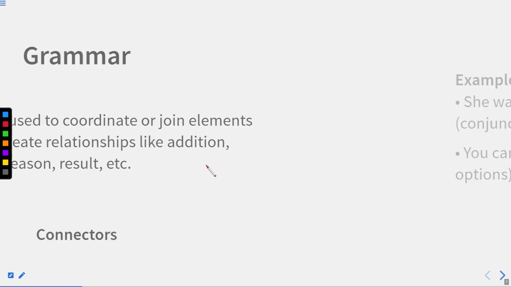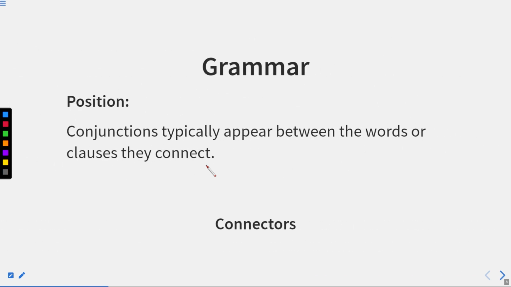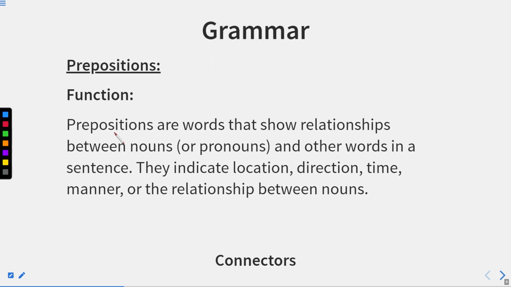Whereas, if we talk about preposition, prepositions are words that show relationships between nouns or pronouns and other words in a sentence. Now, in case of conjunction, we just joined two sentences of equal rank together with the help of conjunction.